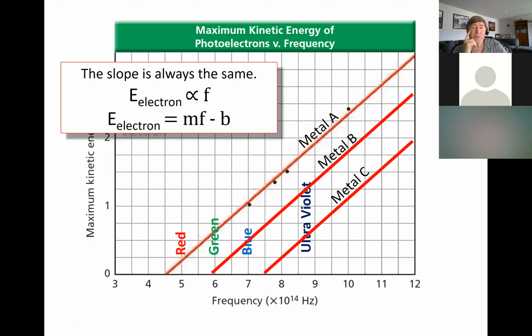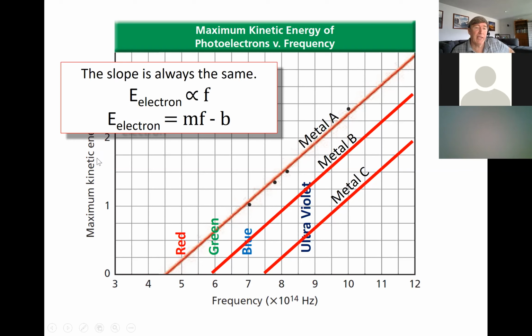Okay, so now I want to know what the value of that constant is. So I'm going to just have to perform a bunch of experiments. And so we have the data right here. The value of that constant is just going to be the slope of this line. Now over here on the y-axis, the energy is not given in joules; it's given in some other unit that we're going to talk about in just a few minutes.